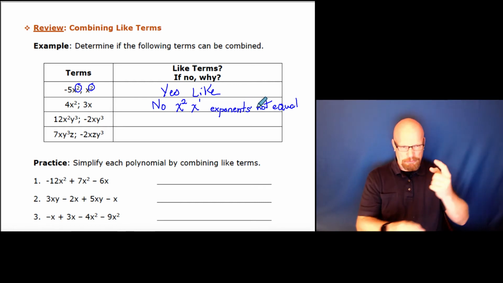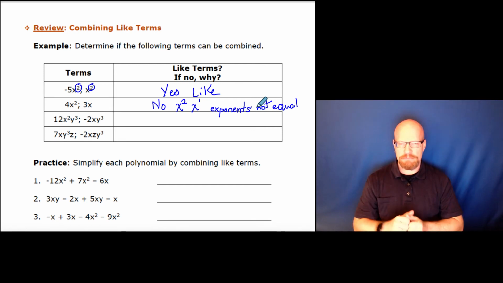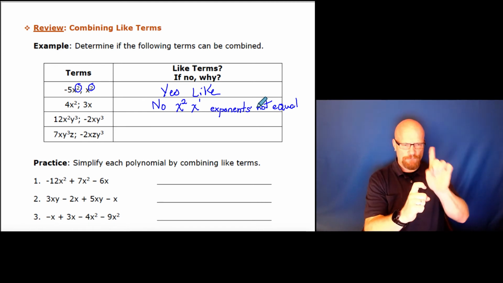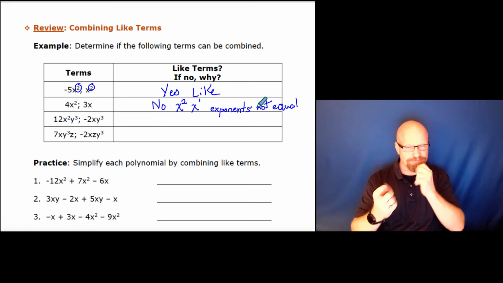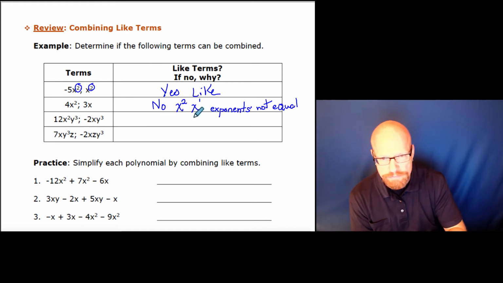Right, sorry. Let me spell it right. Exponents are clear. Now, the third example, we have x squared y cubed, then we have x and y cubed. Well, the x's and the exponents don't match. So they're not like.